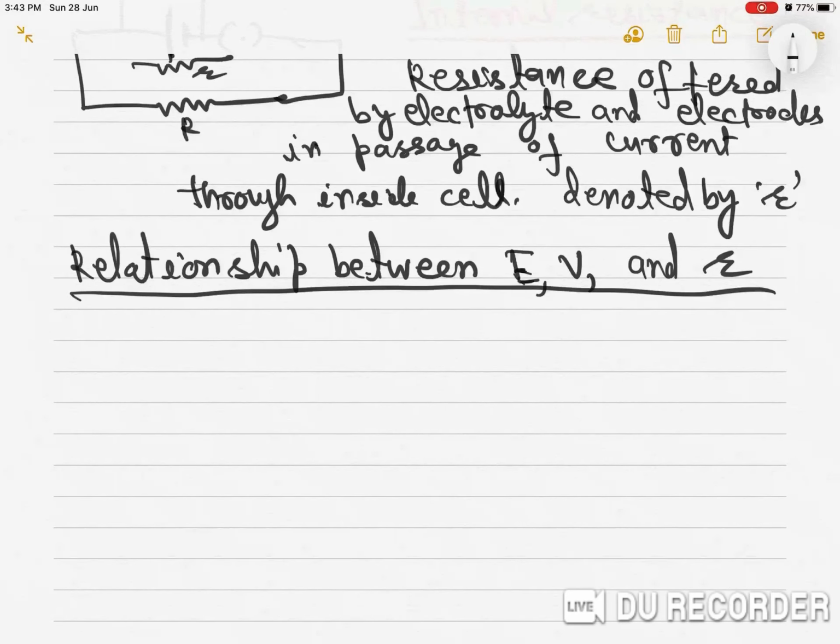Electromotive force is not actually a force, it is also a potential difference. It is known as electromotive force because it motivates the current to flow. So, E is the EMF, V is the terminal potential difference when current is drawn from the cell, and small r is the internal resistance.